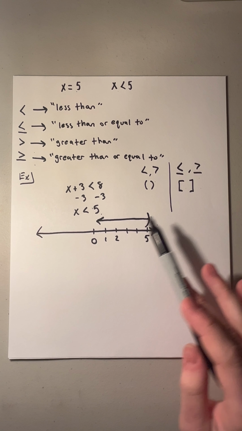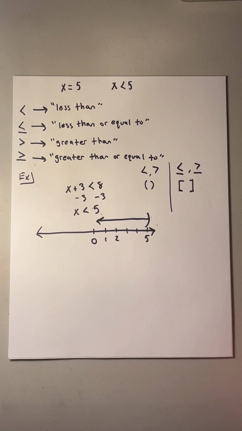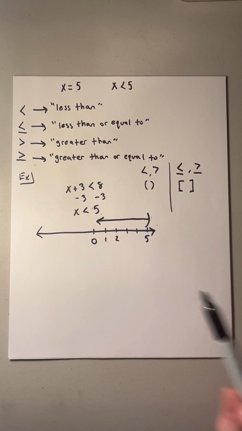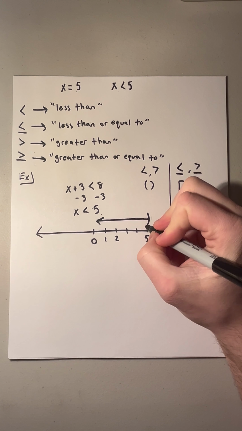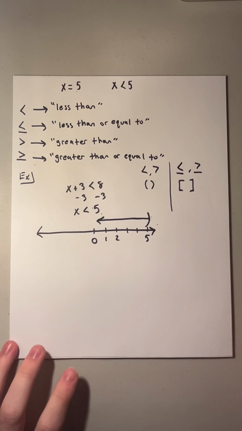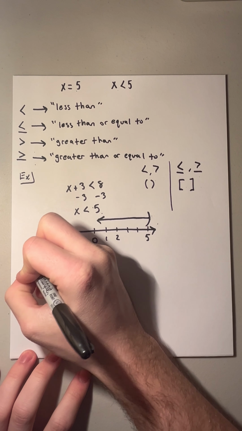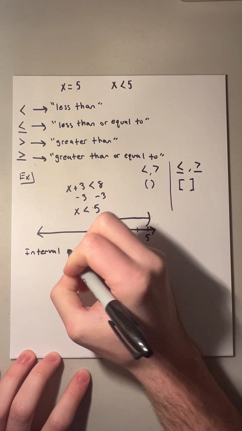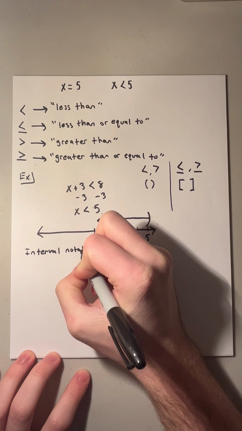So pick any negative number up until 5 and your solution is correct. Graphically you would show this as a parenthesis and then going left with an arrow indicating you go on forever.